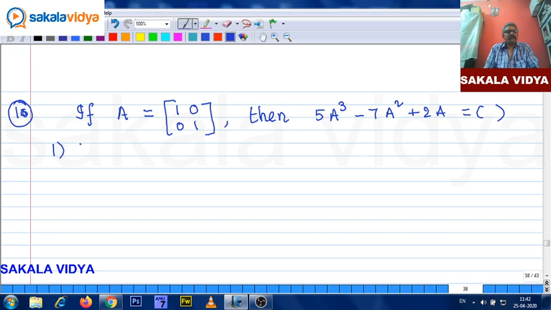First option: O, null matrix, or you can say 0 matrix. Third one: A. Fourth one: minus 1, 0, 0, 1.